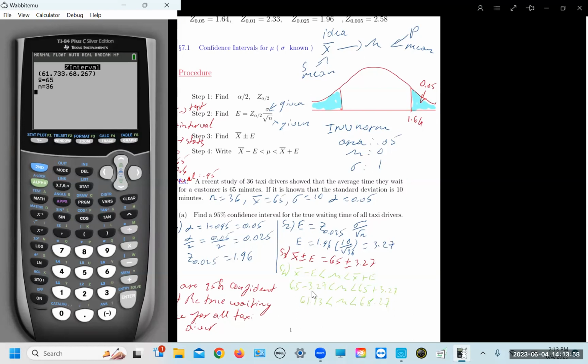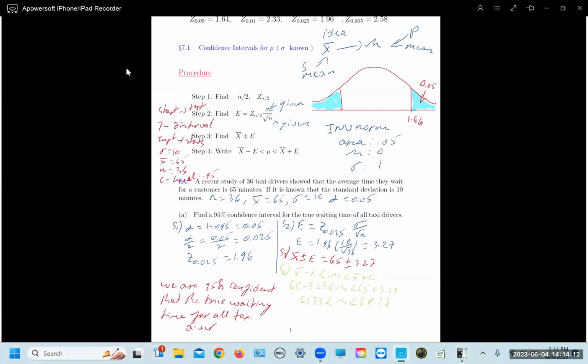And we got right here 61.78, and then 68.27. That's right here. Okay, so we can do that.